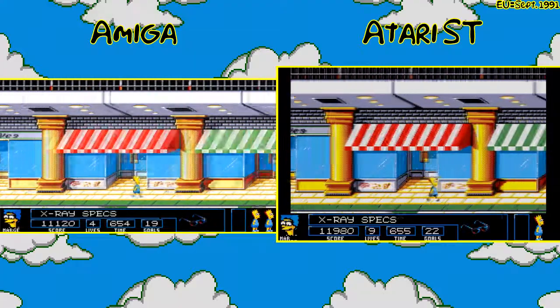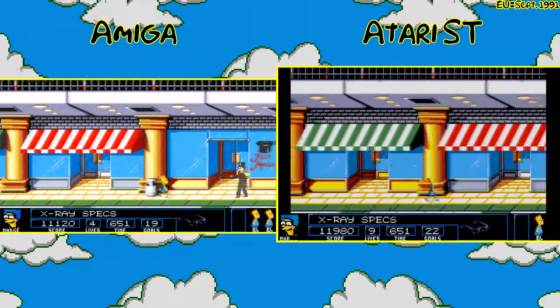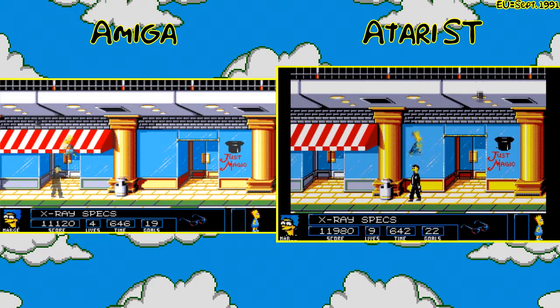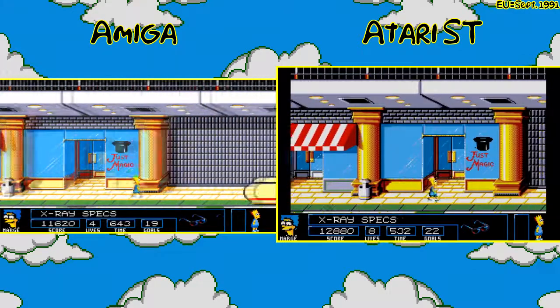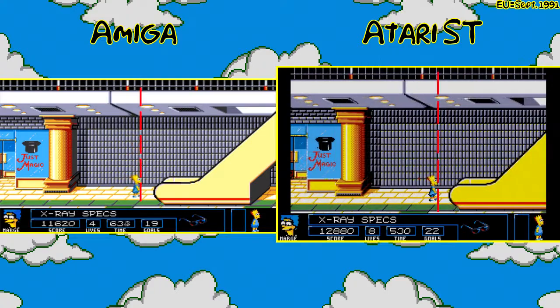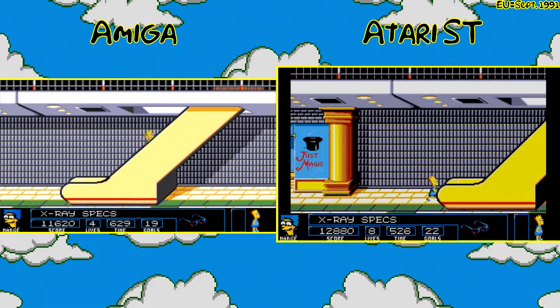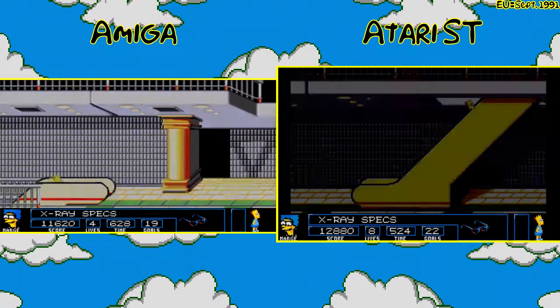So we're finally on the final floor, which is good. Again, all of the checkpoints are in the exact same spots. There I also show you the invisible wall locations and the obvious glitch that the Atari also has when it comes to not having to pick up any of the goals.